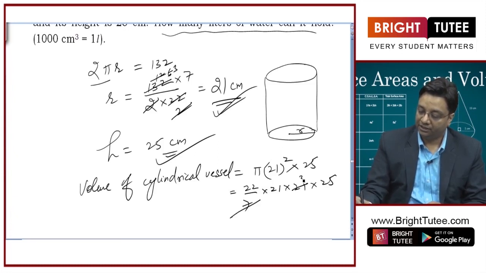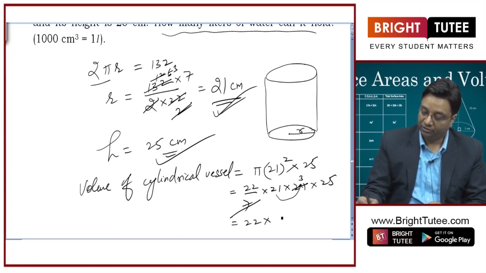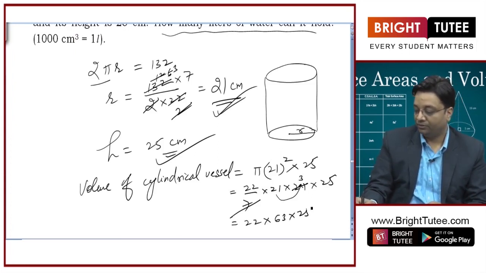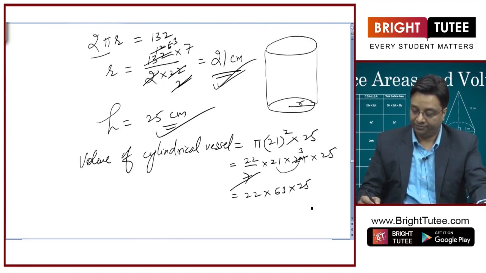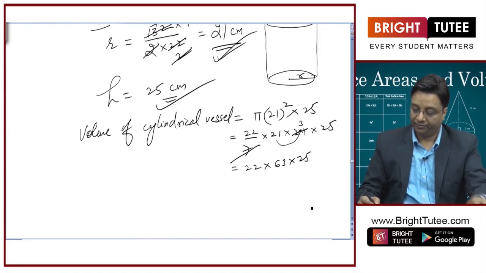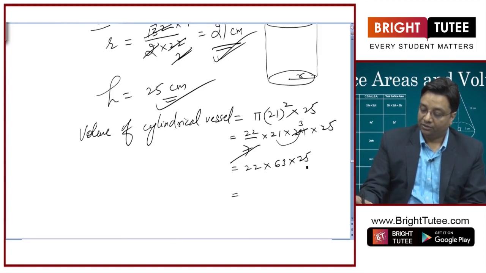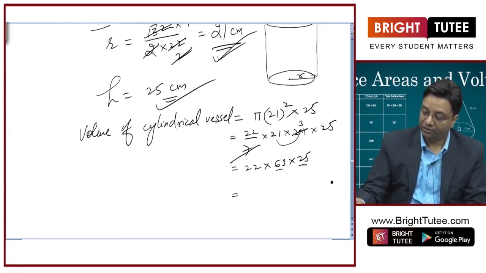So 7 3s are 21, and this is 21 into 3, which is 63. So 22 into 63 into 25. So you can multiply this with 25, or what you can do is write it as 22 into 63 into 50 by 2. So you can write it as 11 into 63 into 50.